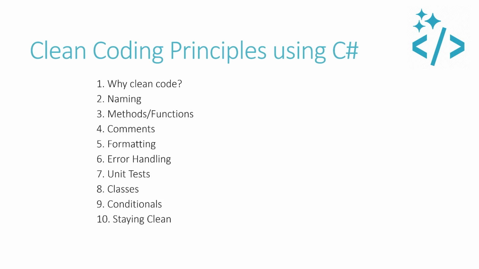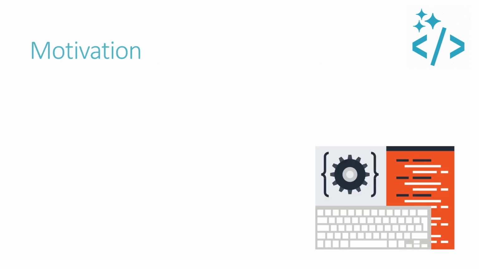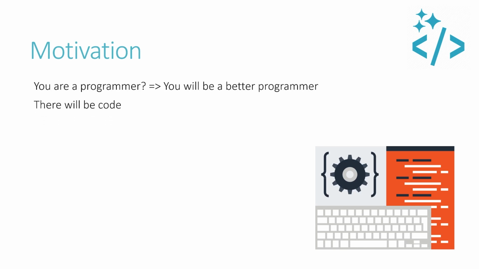Next, what would be the motivation to write clean code? In case you are a programmer, and I assume most of you are already programmers or attempt to be, after this course, I hope you will be better programmers and write more clean and robust code. And of course, there will be code for some time ongoing, even with these new code generation tools.